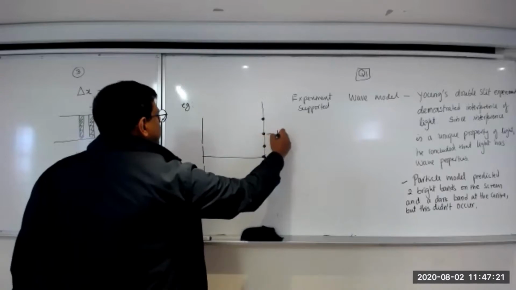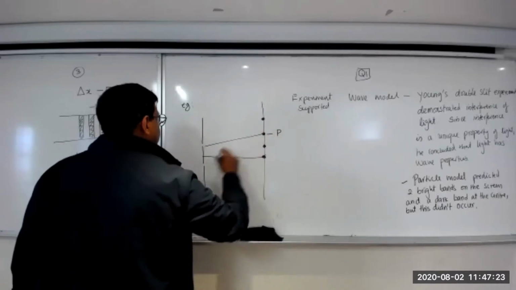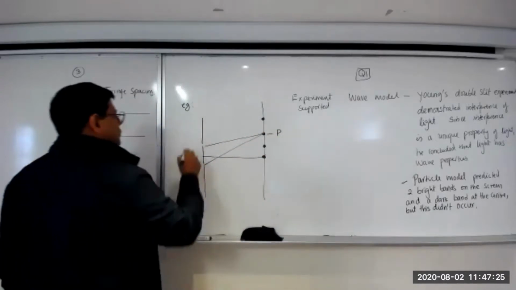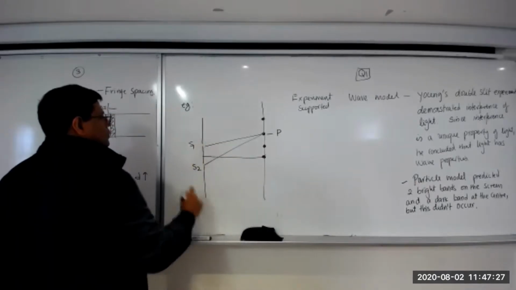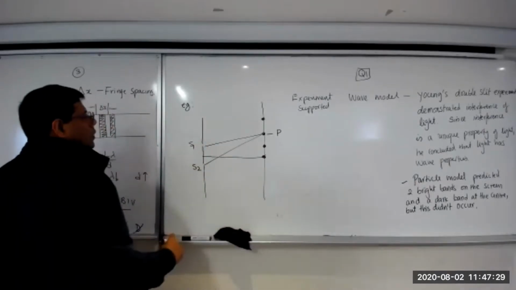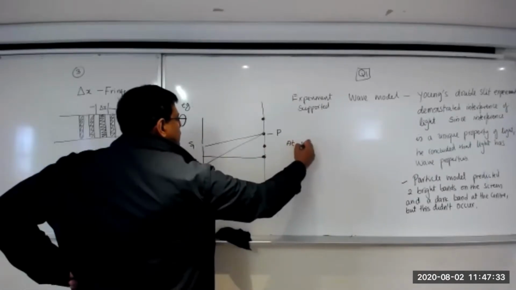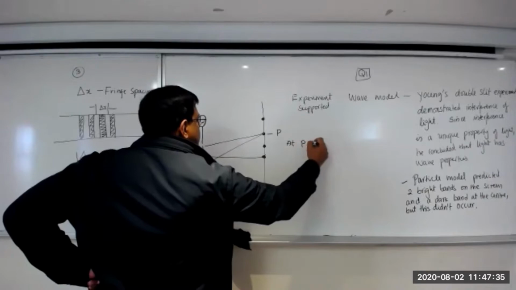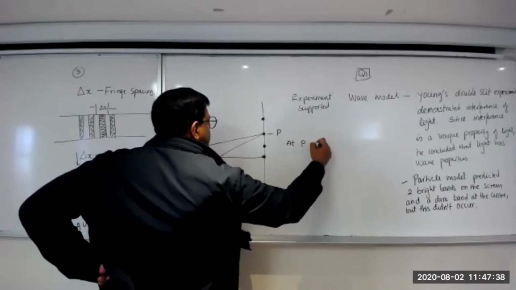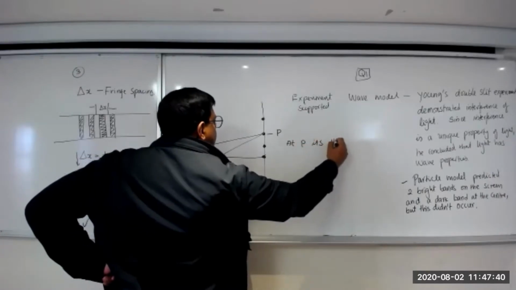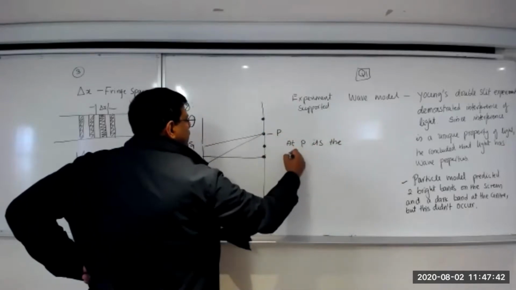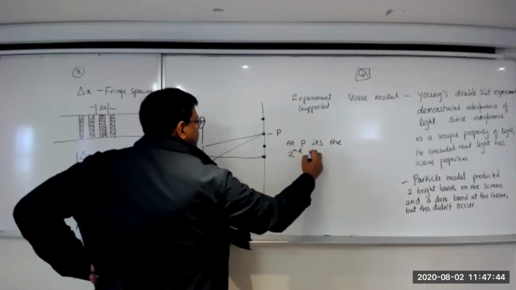This is point P. It's the second bright band from the center.